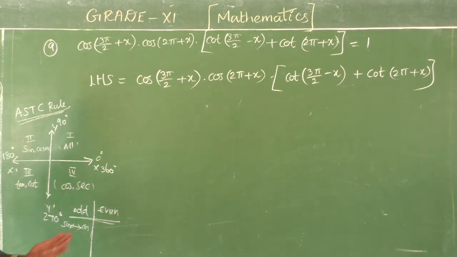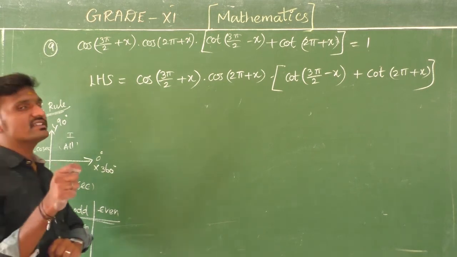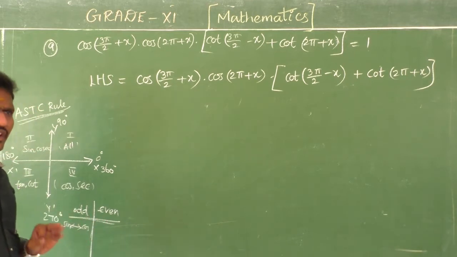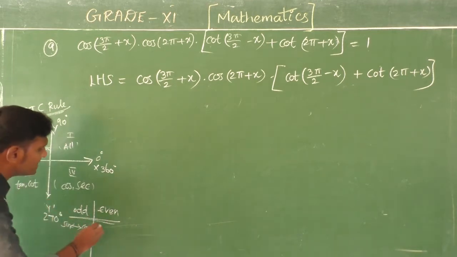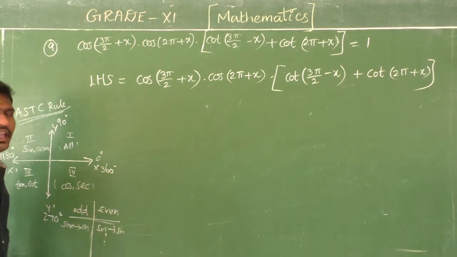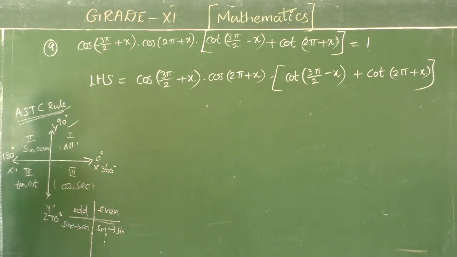Coming to even we have 0 plus theta, 180 plus theta, 180 minus theta, 360 plus theta and 360 minus theta. So they are even functions, and we get the same thing, sine to sine, cos to cos. But we need to check the sign, which is very important, based on the quadrant.